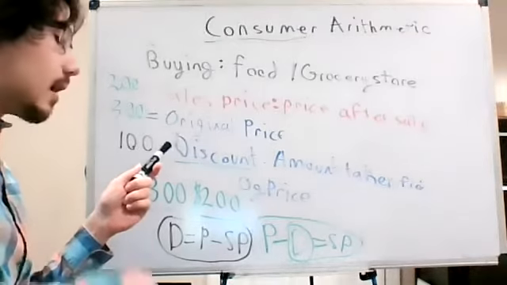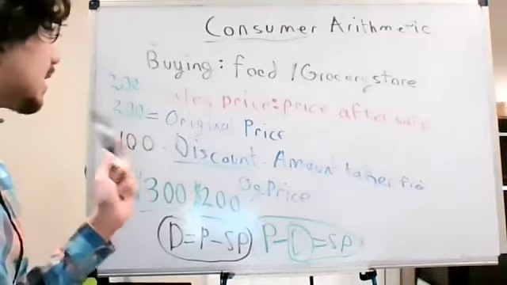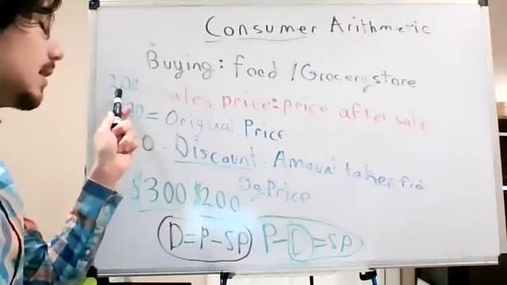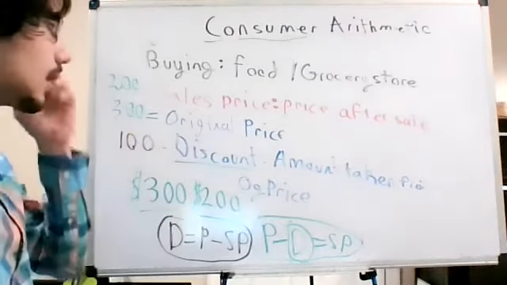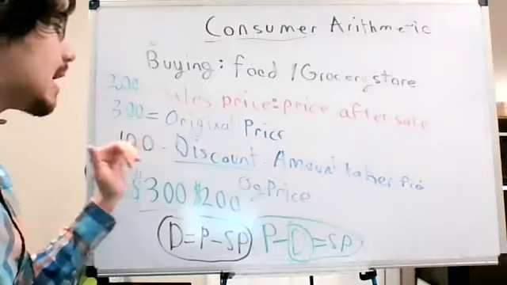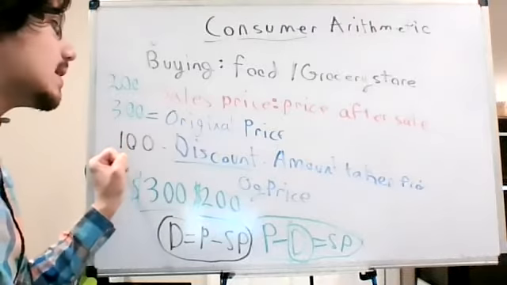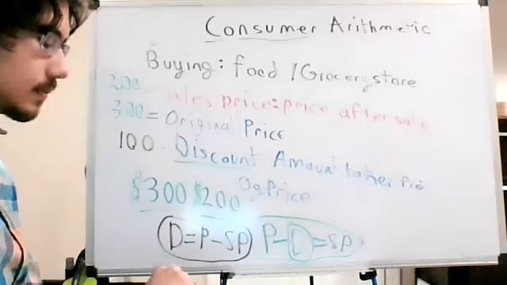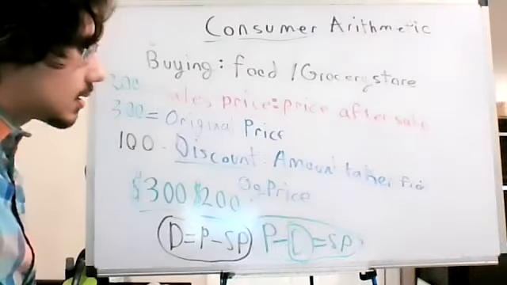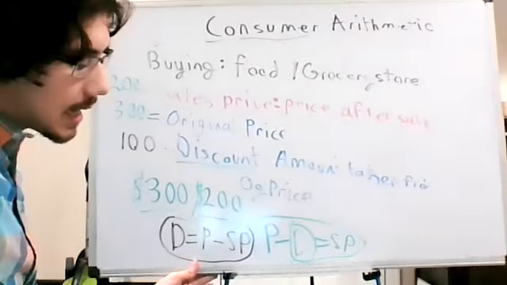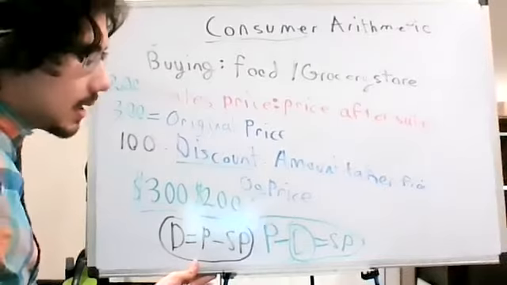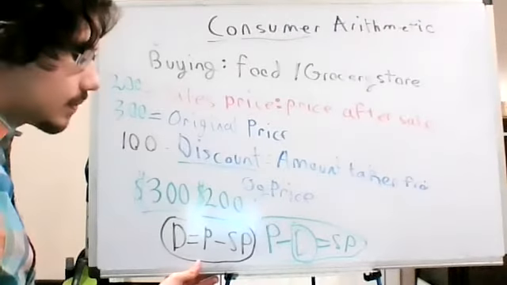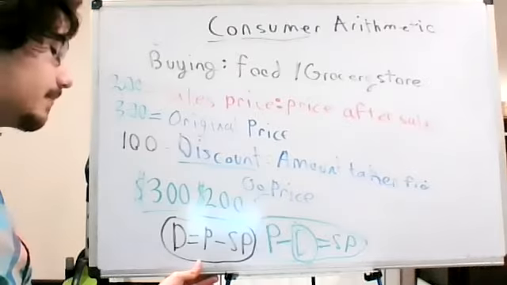We found that it would be $100 taken from 300 to get $200. So if this is the amount that the discount is, what is the discount percent? So the sign at the store would be saying something percent off. How much percent off would it be?